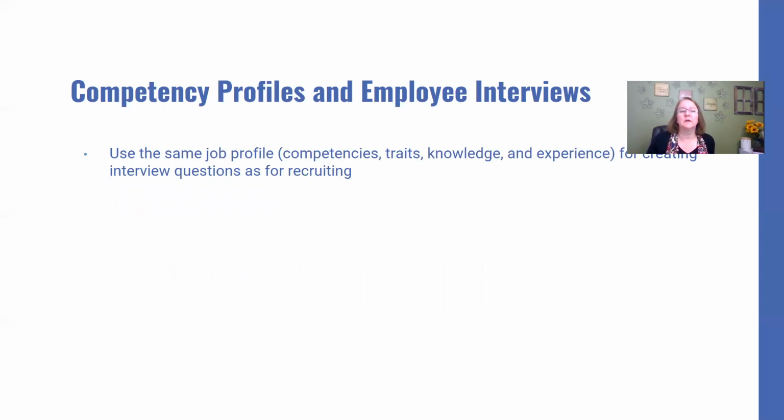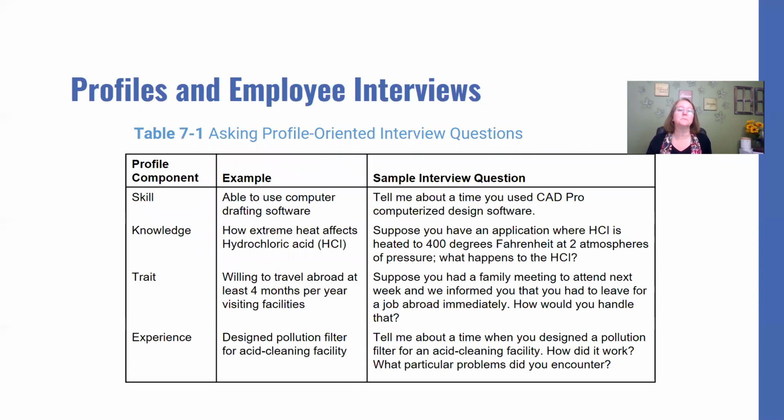And you do want to look at the competencies, the traits, the knowledge, the experience of those jobs, and compare to the employee, so that you are matching and looking at things side by side, and you're selecting the person not because you just like them, but because they have the competencies that you need.